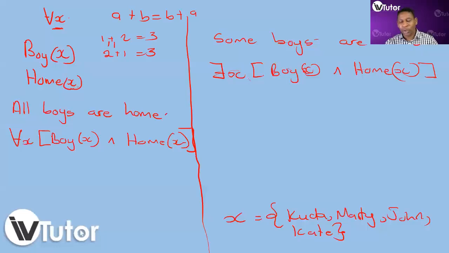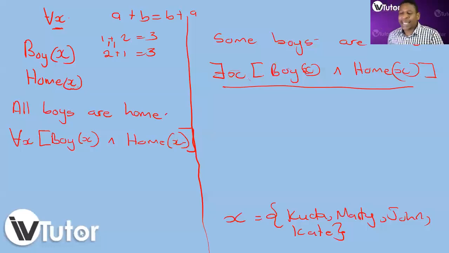So these two are also equal. So by virtue of that, it means we can say everyone at home is a boy. When we look at it from this perspective, it's going to say someone at home is a boy. Which means the same thing.